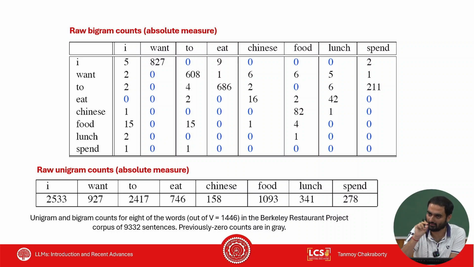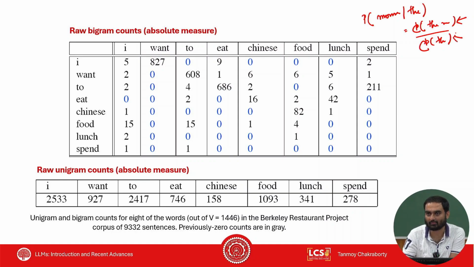So bigram count by unigram count. Clear? Probability of monsoon given the, right? Count of 'the monsoon' divided by count of 'the'.